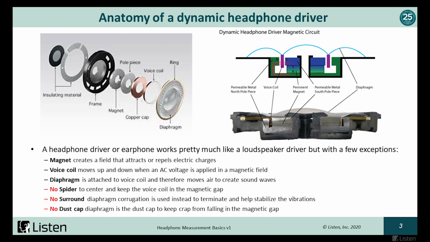So we still have a magnetic circuit, and we're going to have probably much smaller, flatter magnets. Obviously, if it's a dynamic headphone, there's going to be a voice coil. Again, it's not going to be as long. It's going to be much shorter.